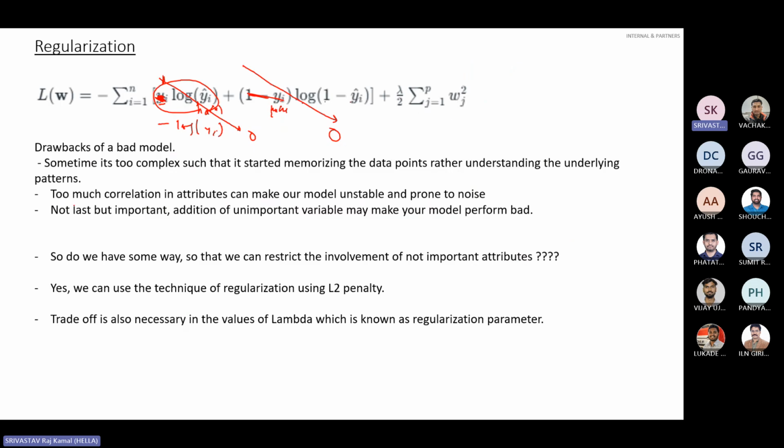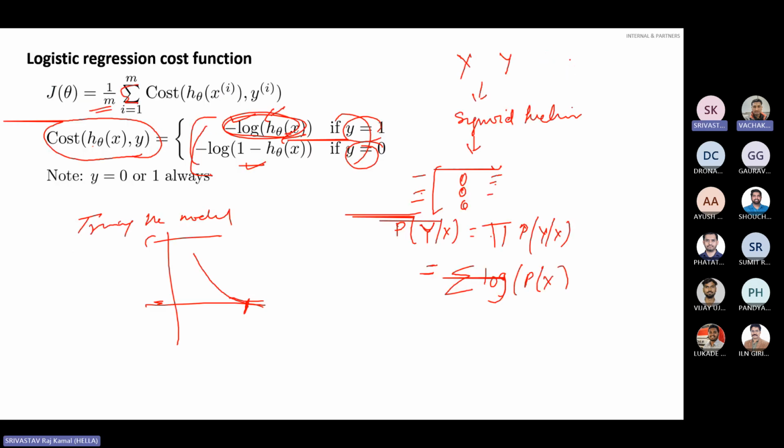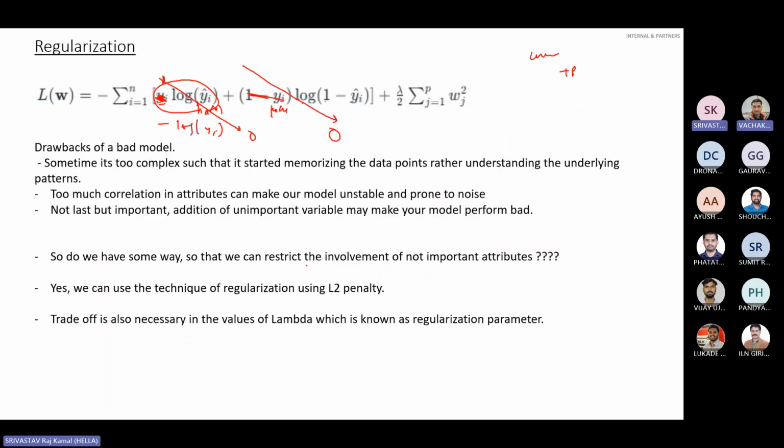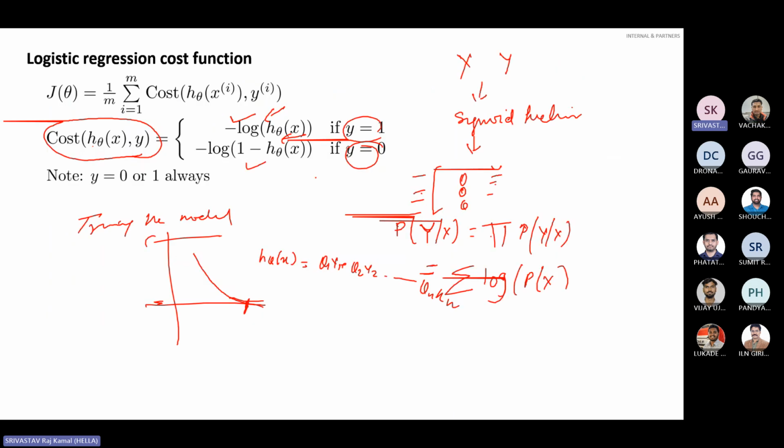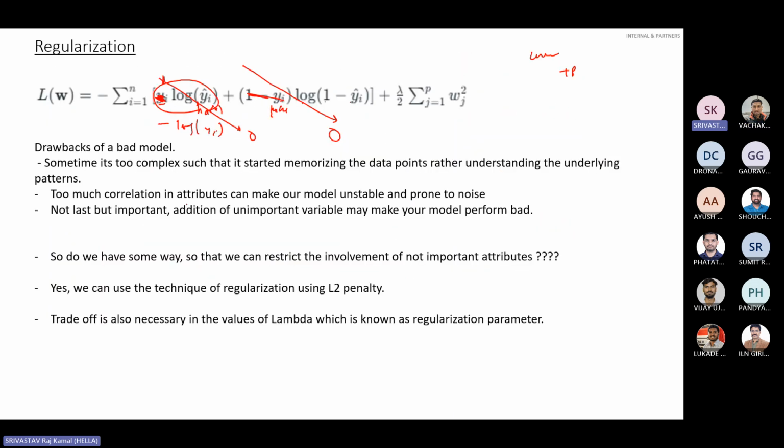Now, when we saw linear regression, in the previous equation, here I could understand this yi, but what is h theta of x? h theta of x is nothing but theta 1 x1 plus theta 2 x2, up to theta n xn. Sometimes it's y hat only, sometimes it's hypothesis, sometimes y hat, and likewise.